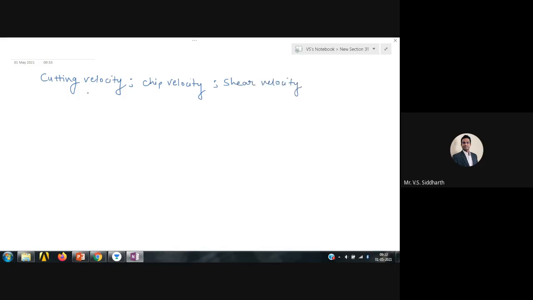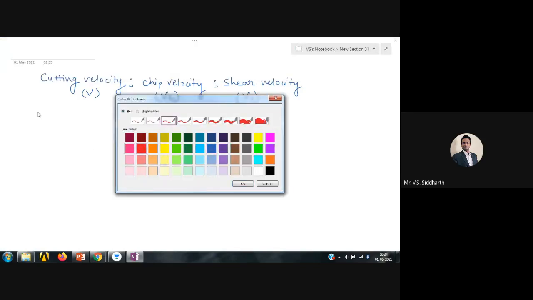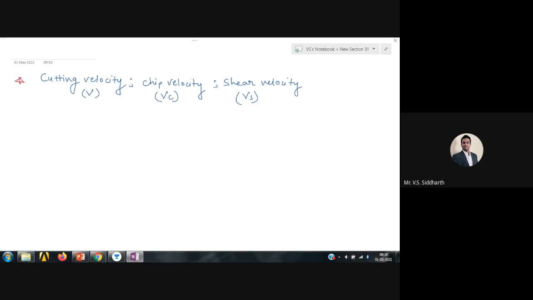Okay. So cutting velocity is V, chip velocity is VC, shear velocity is VS. And this particular topic is very, very important. I'm giving it 4 stars, because in the exam, this is asked straight away for 14 marks or 7 marks.